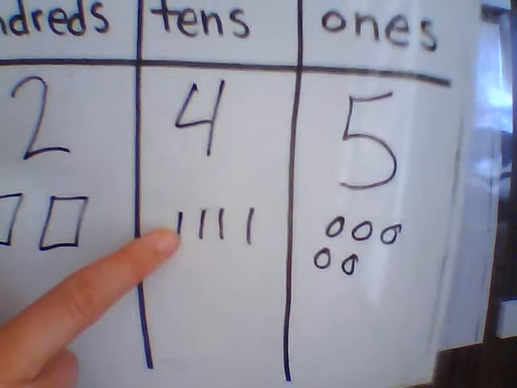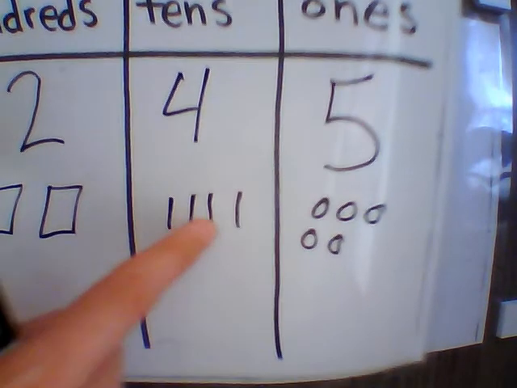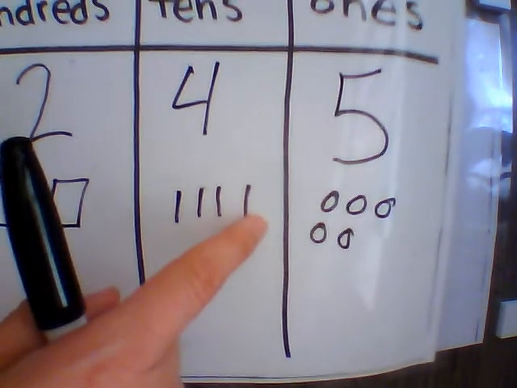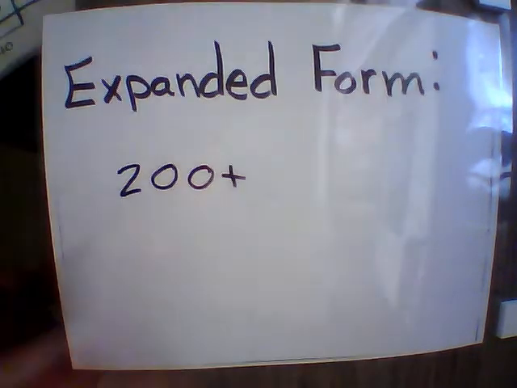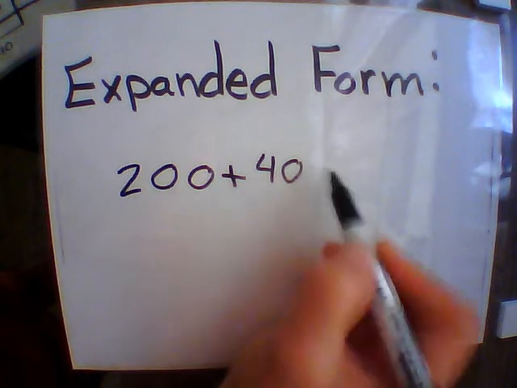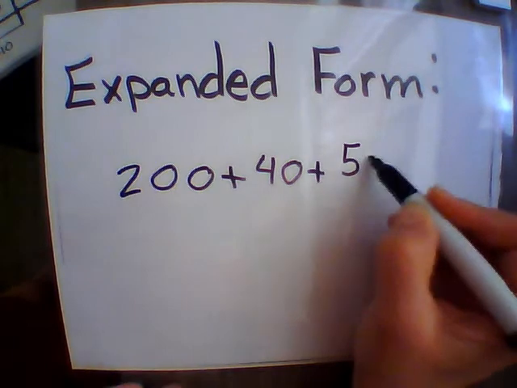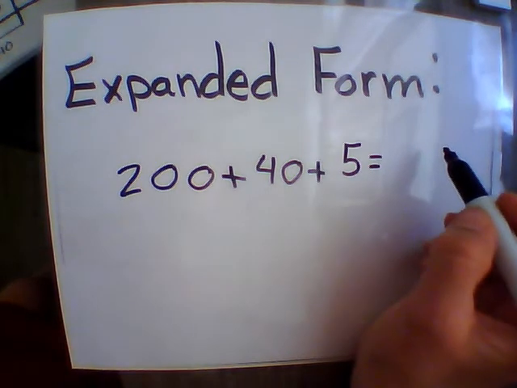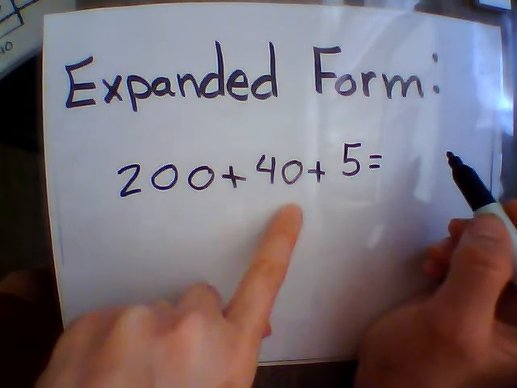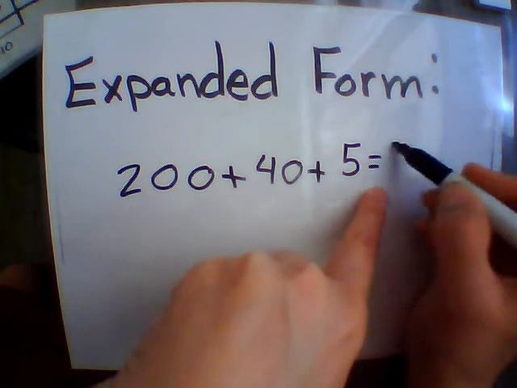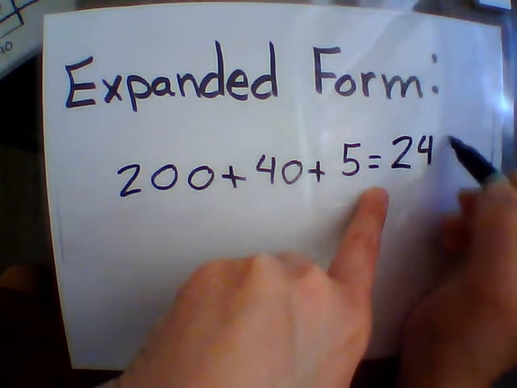Then we count by tens. We have 4 tens, so 10, 20, 30, 40. 4 tens is the same as 40. And then we have our 5 ones, and that's just 5. So the expanded form for 245 is 200 plus 40 plus 5 equals 245.